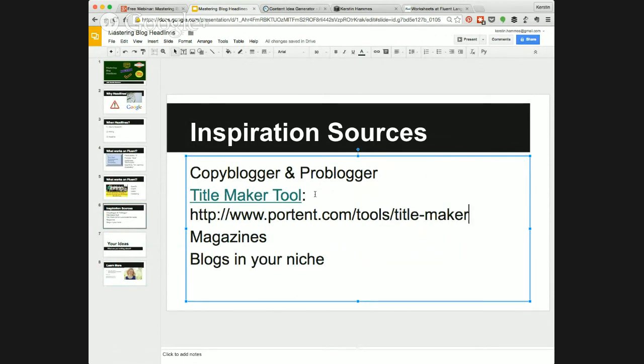Or if you just go to portent.com, there's in the navigation, it's very easy to find the title maker there as well. So it's called the blog title maker. And it's really a lot of fun. So I recommend this for inspiration.